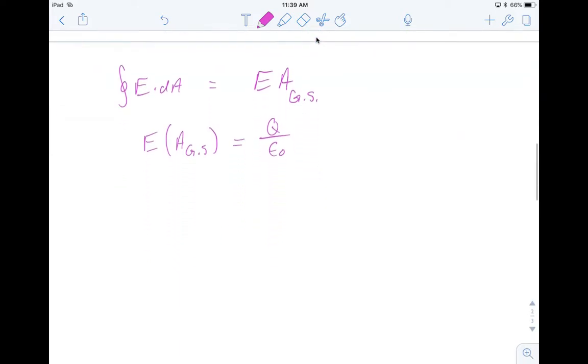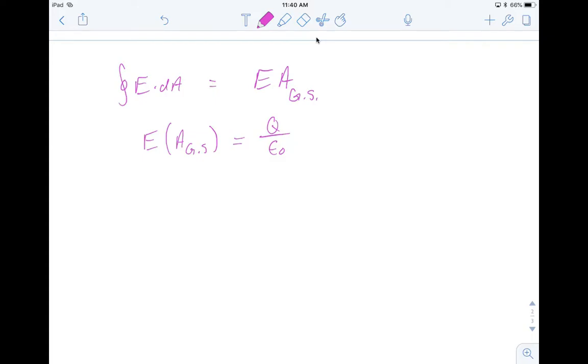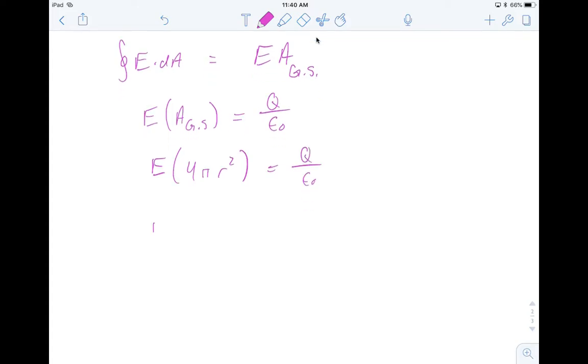The area of a sphere is 4 pi little r squared, because it's the surface area of the Gaussian sphere. That equals Q over epsilon naught, and so E is equal to Q over 4 pi r squared epsilon naught.